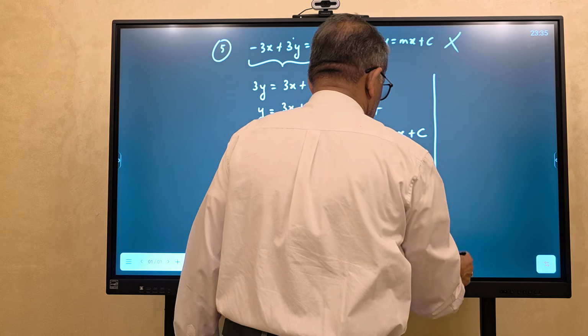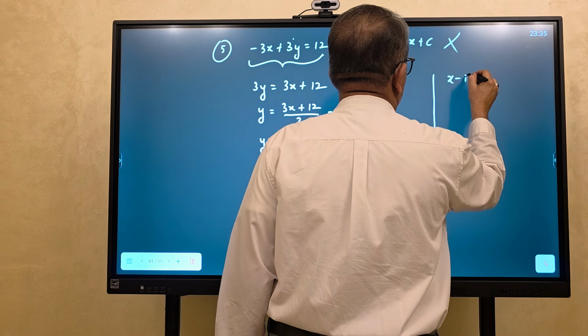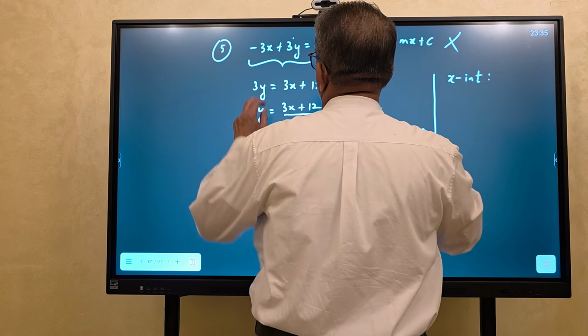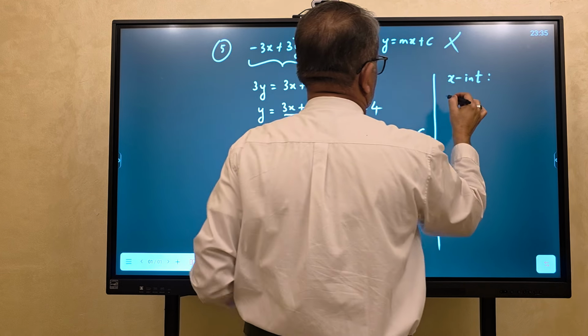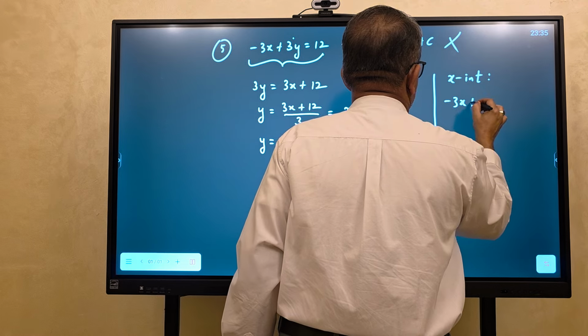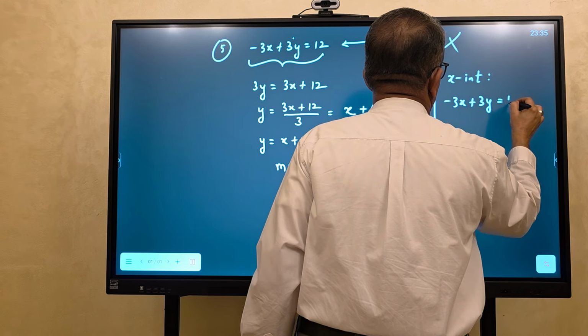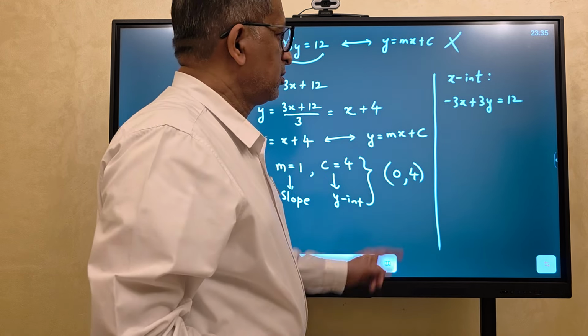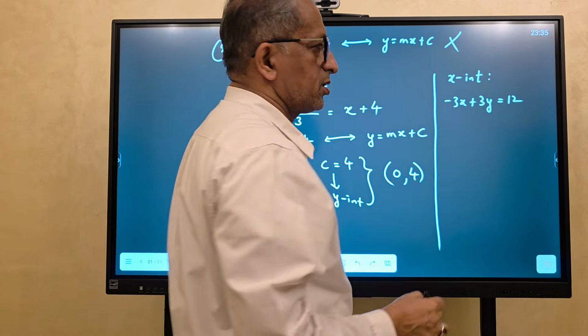Let's find out the x-intercept. For the x-intercept, I put here minus 3x plus 3y equal to 12. So here you put x is equal to 0.